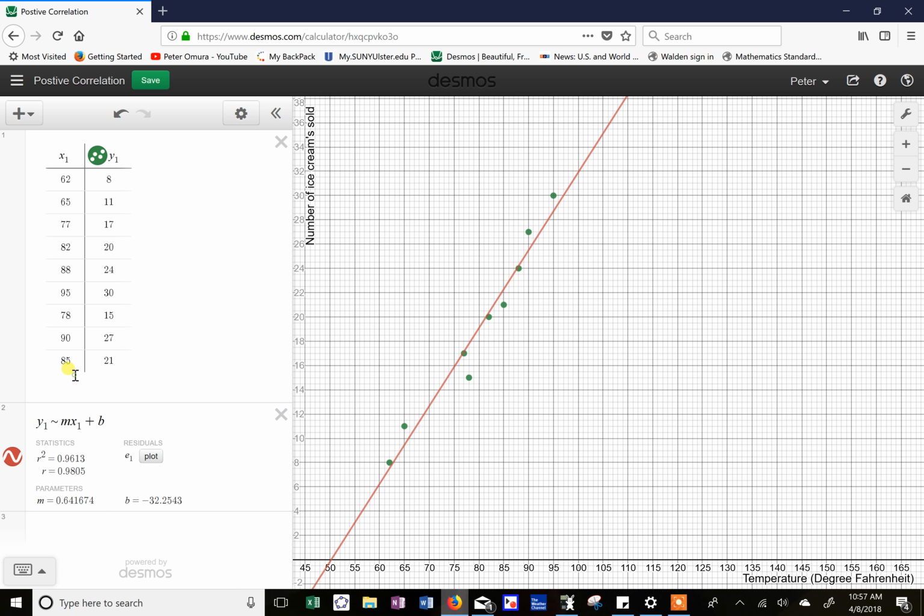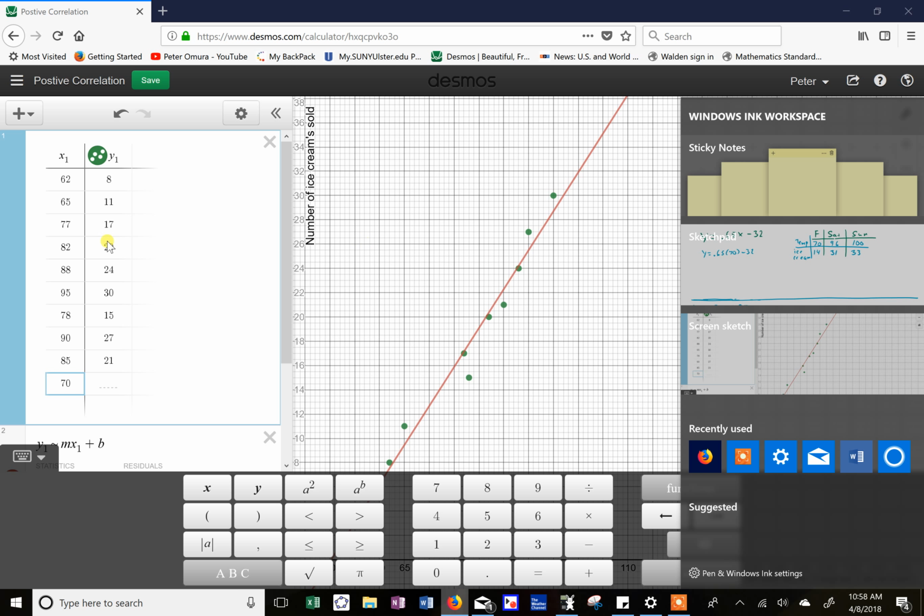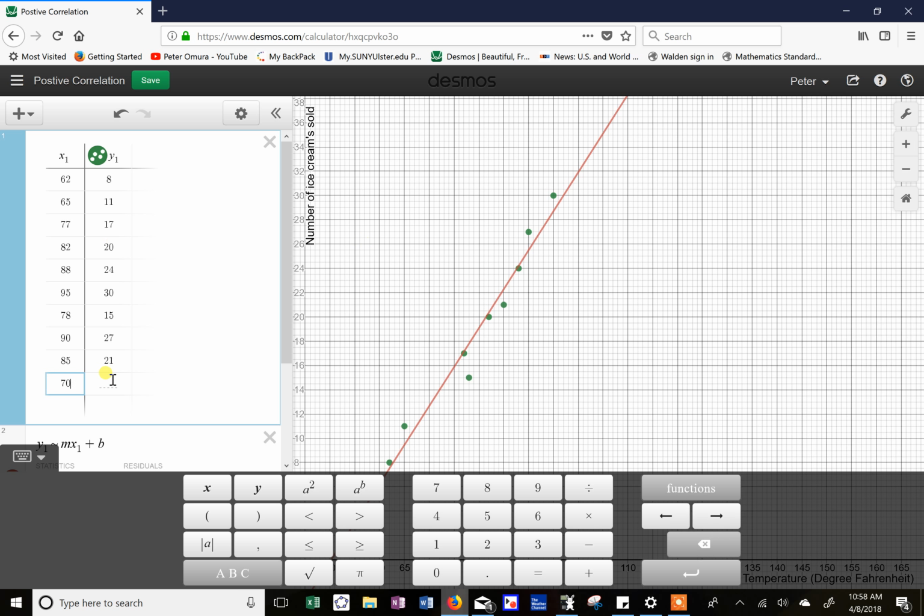And if I were to put those values in, I've already forgotten what those values were. 70 was 14. What we could do is use a different colour.